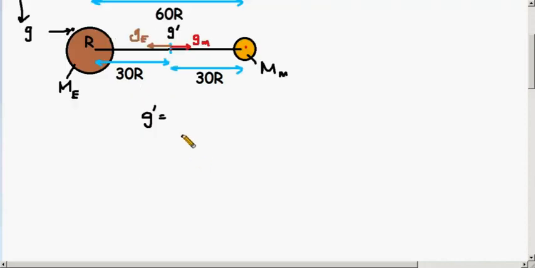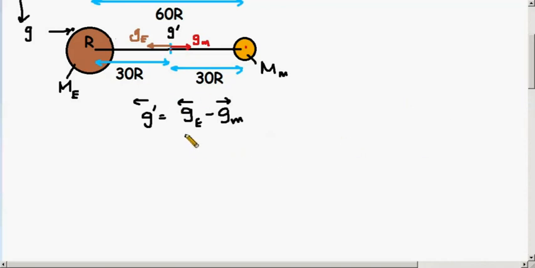Therefore, g dash is g_E minus g_M. The direction is like this. Since this one is greater, the final direction is this way. They don't ask for the direction, so it doesn't matter.